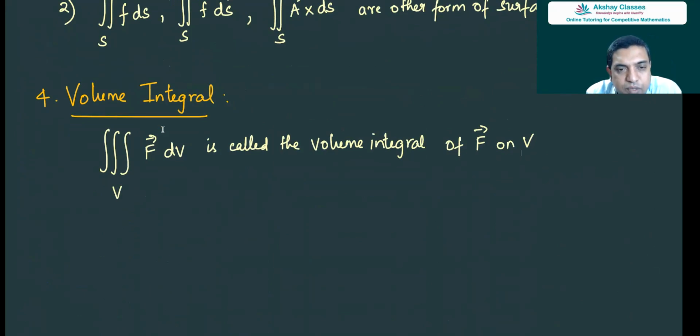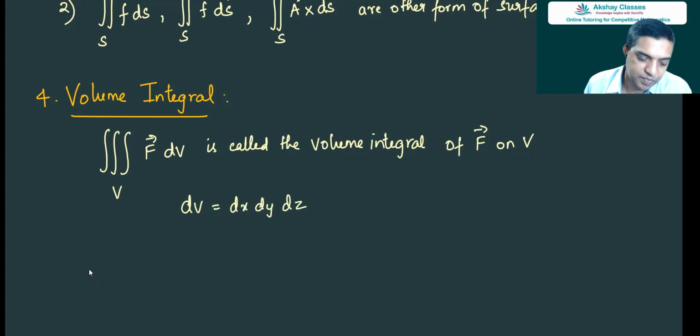Change in volume is not a vector quantity. It is just a scalar quantity. So we need to remember this. And dV will be taken as dx dy dz.